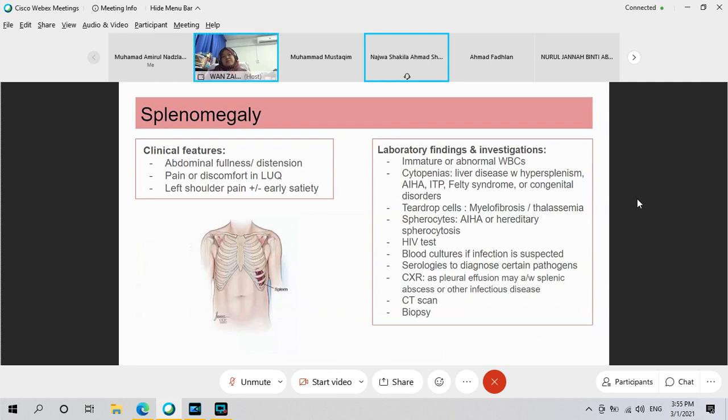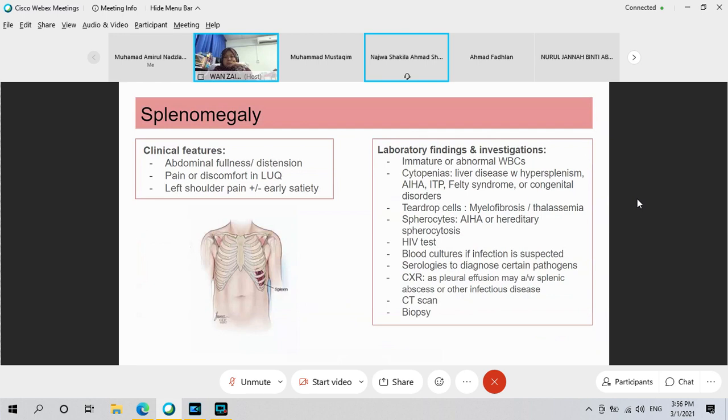Next is splenomegaly. It is pain or discomfort in left upper quadrant region. The pain might be related to left shoulder pain, with or without early satiety.